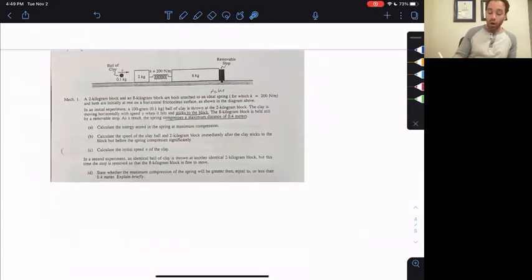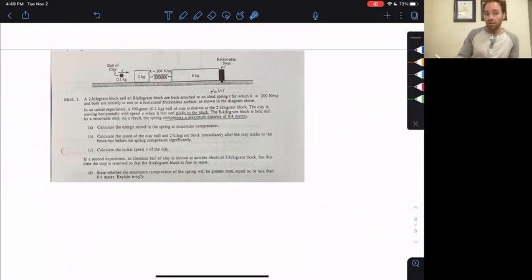Let's move on to part D. State whether the maximum compression of the spring will be greater than, equal to, or less than 0.4 meters under these conditions. So in a second experiment, an identical ball of clay is thrown at another identical 2-kilogram block, but this time the stop, this thing right here, is removed so that the 8-kilogram block is free to move.